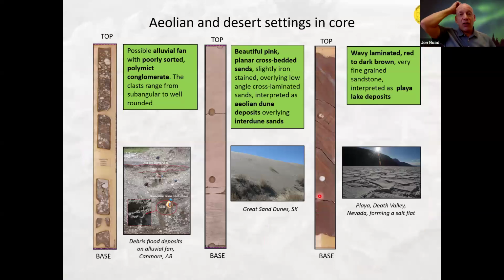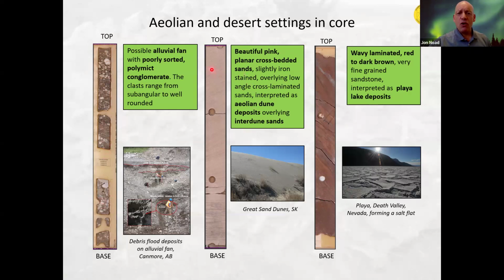So just to summarize for aeolian and desert settings, I've got 3 cores here, all from North Sea reservoirs, and I bought these cores from a nice core charity in the UK that saves cores when they're going to be thrown away. What we have here on the left is a possible alluvial fan deposit with poorly sorted conglomerates that we saw earlier on when we were looking at those sediments from Devon.